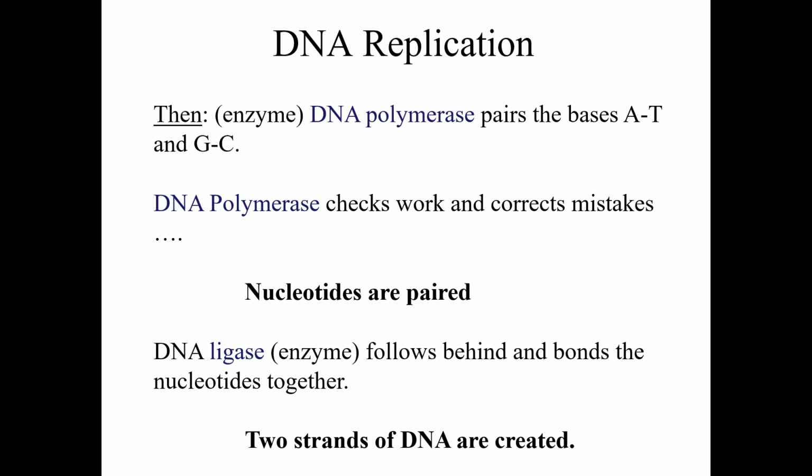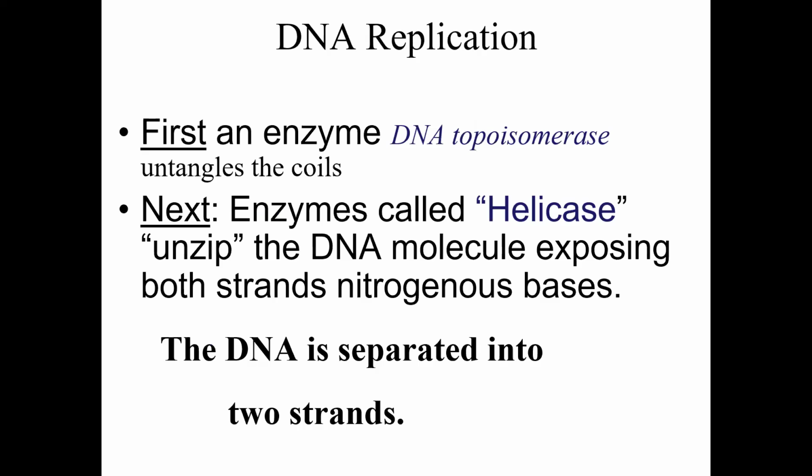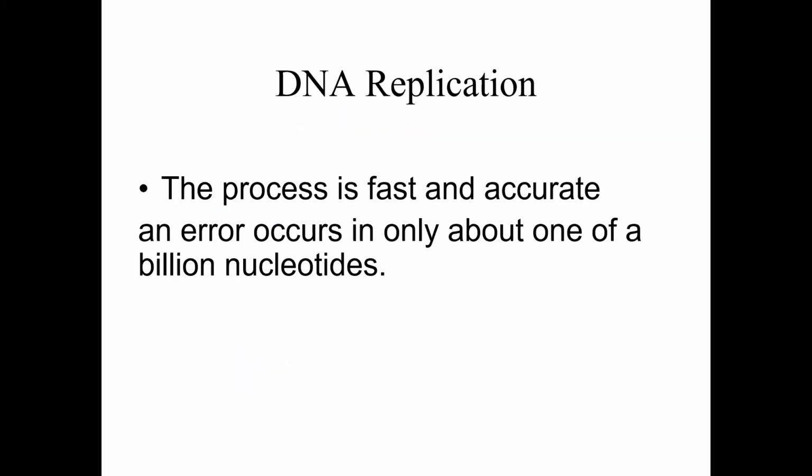So nucleotides are now paired, and then the fourth enzyme is the DNA ligase, which follows behind and bonds the nucleotides together. So now the two strands of the DNA are created by the ligase.